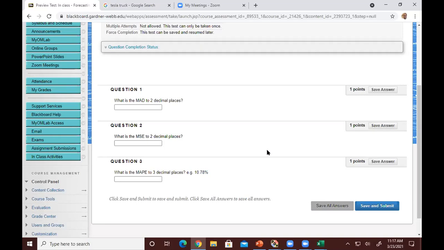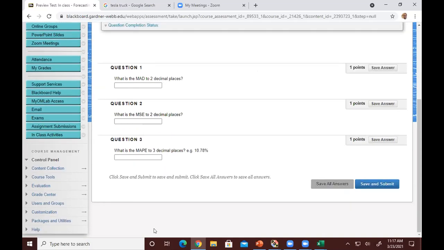Speed typing. All right, let me check to see if this is all done.